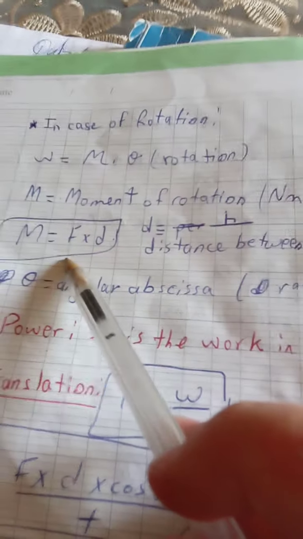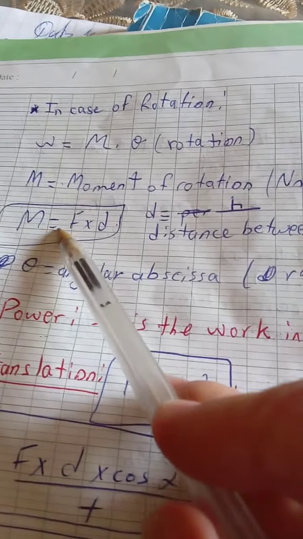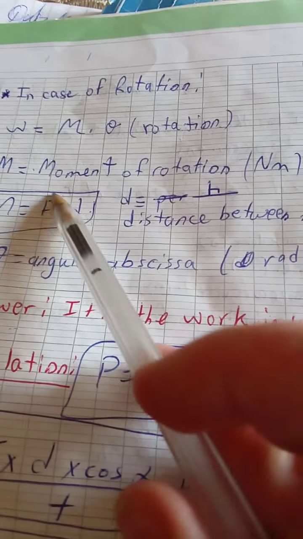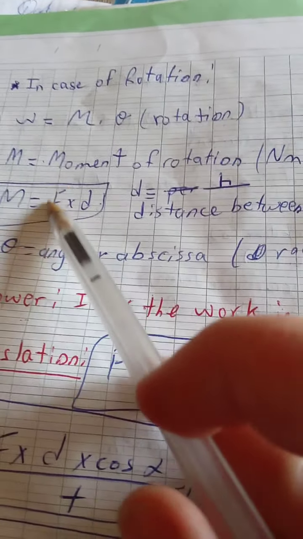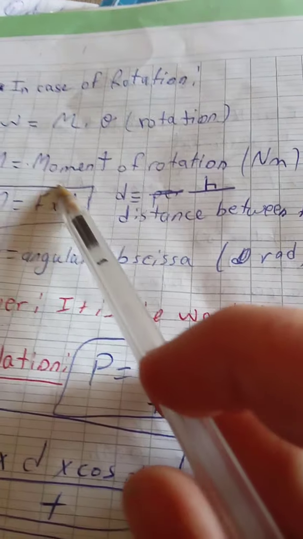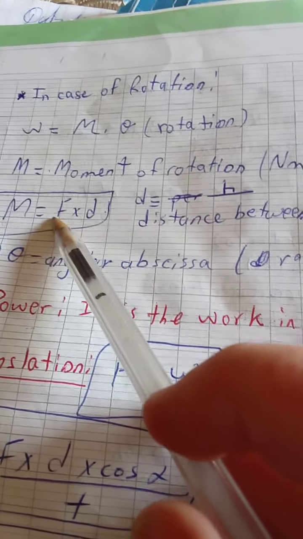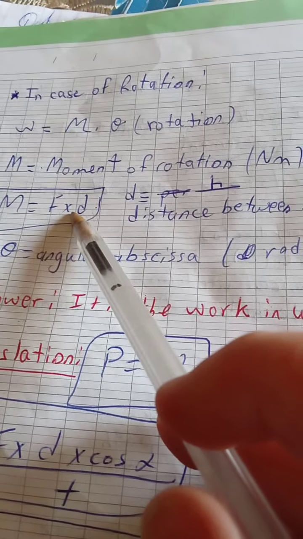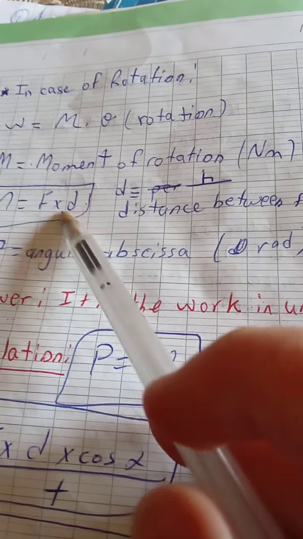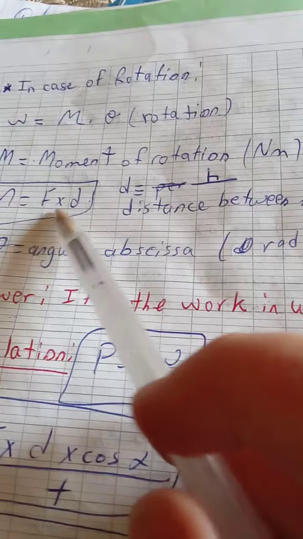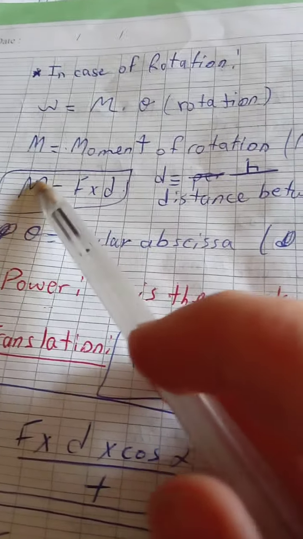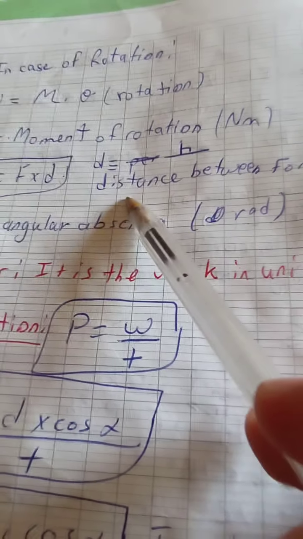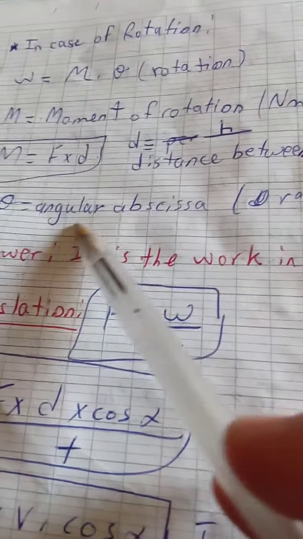Moment equals F times D. F is a force that we can use to calculate forces like weight, normal, friction, force of engine, and times the distance. These two we use to calculate the moment in rotation parts, with the distance between forces.